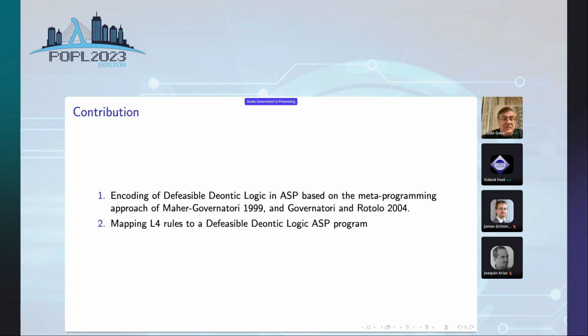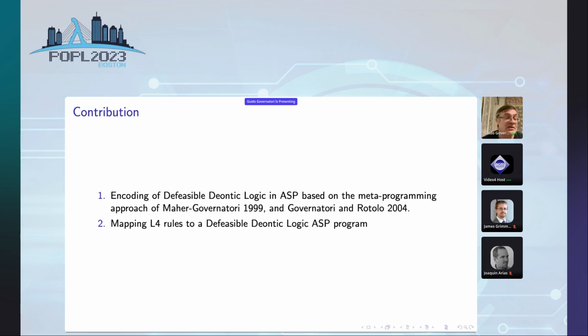In the paper, we give a quick description of how to encode defeasible deontic logic in answer set programming. This encoding is based on a meta-programming approach. Essentially, we don't encode directly in answer set programming, but we use answer set programming as a programming language, and we encode the concepts of defeasibility, proposition, etc., as additional predicates.